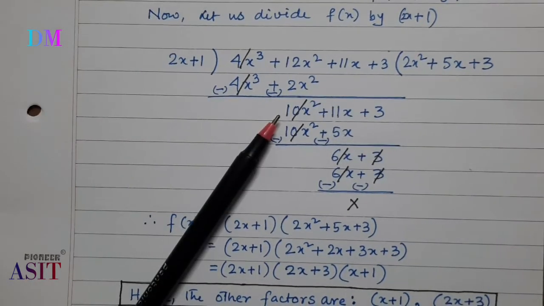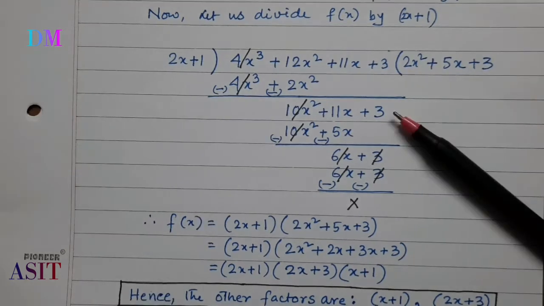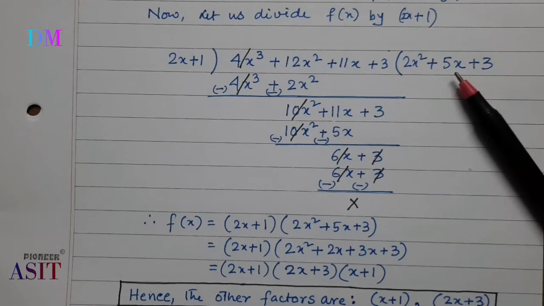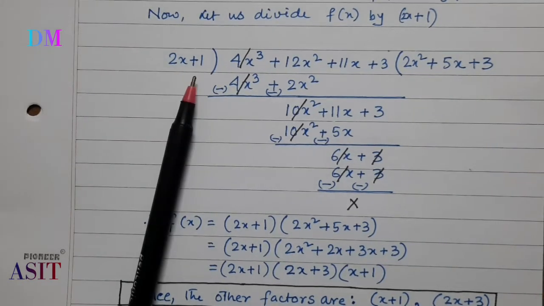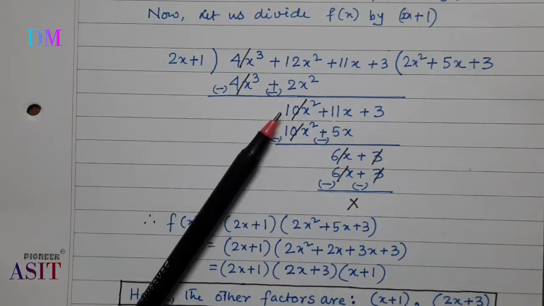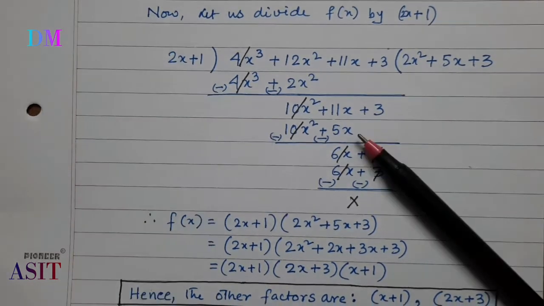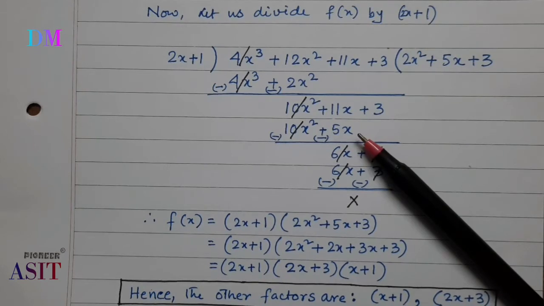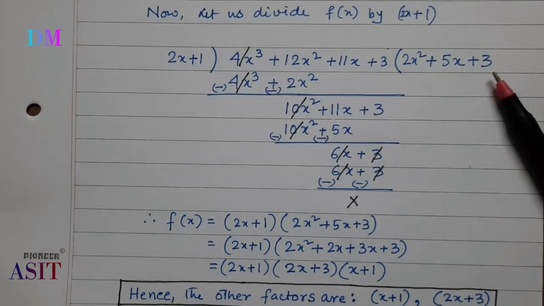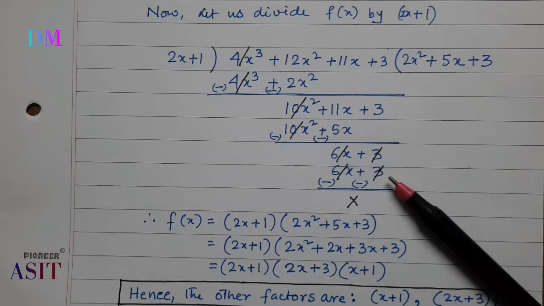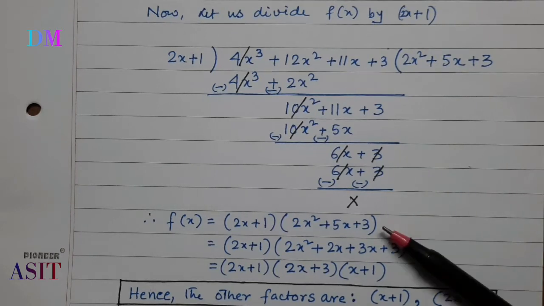Now on subtraction we get 10x squared and the other terms of f(x) will come down. Now I will multiply 5x with 2x plus 1 to get the leading term of this polynomial. Hence, after multiplying we get 10x squared plus 5x. So after subtracting this we get 6x plus 3, and lastly we should multiply 3 to get 6x plus 3.